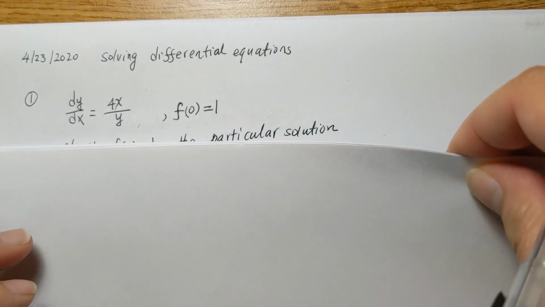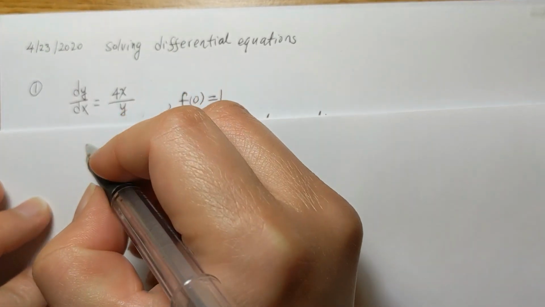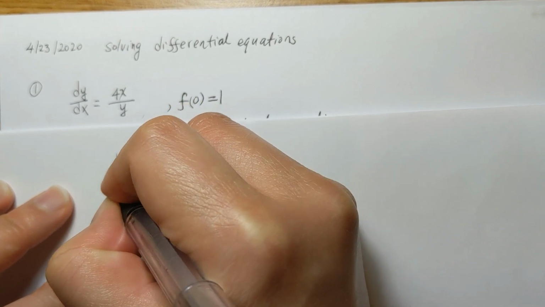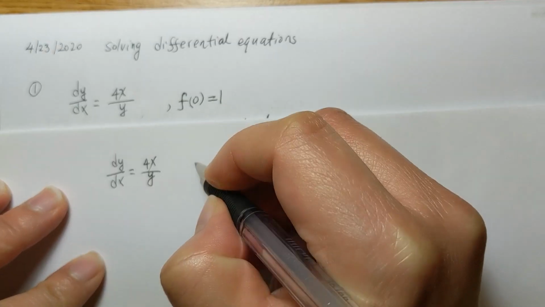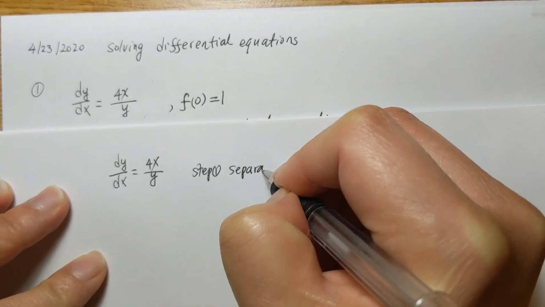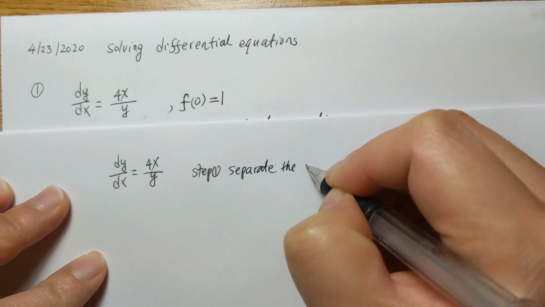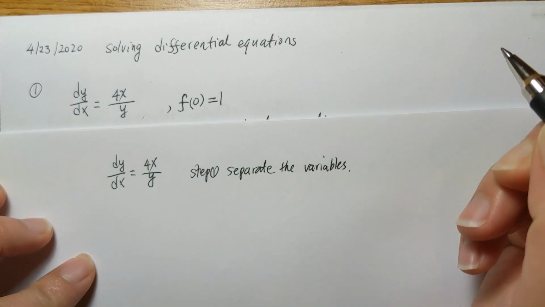Now we're going to review how to solve this differential equation. We have dy over dx equals 4x over y. Step number 1, always separate the variables.